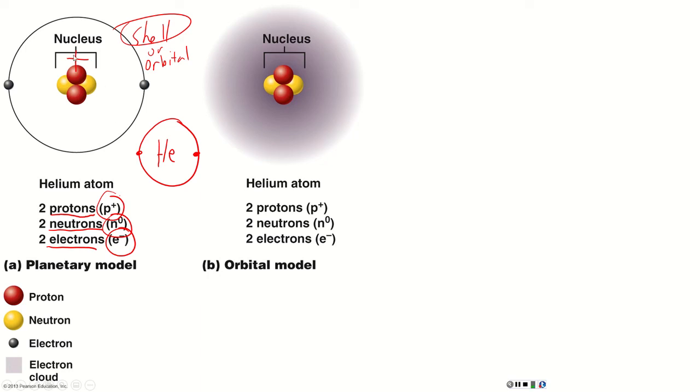Well, we said the nucleus is positive. What can we say about the atom? If the number of protons and electrons is equal, then an atom has no charge. It is neutral because the positives and the negatives cancel each other out. So that's a helium atom.